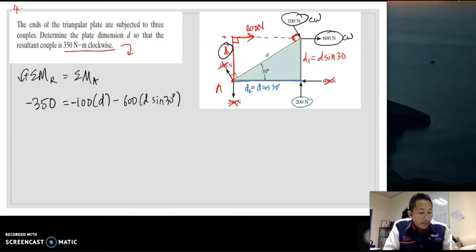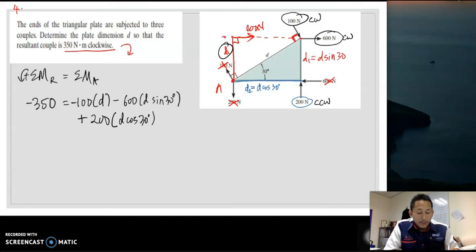And then finally we have the 200 Newton force. 200 is acting counterclockwise, so this one is positive, plus 200 Newton. The distance is D2, D cosine 30 degrees.